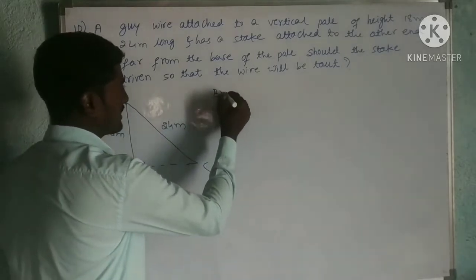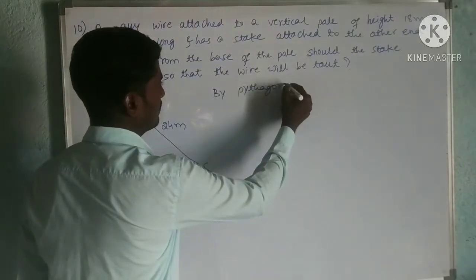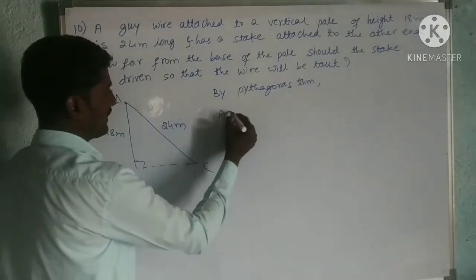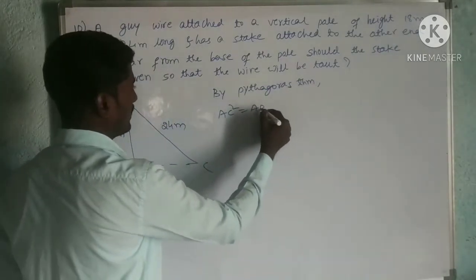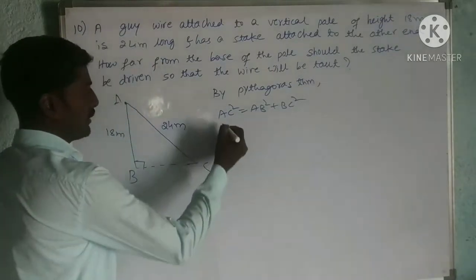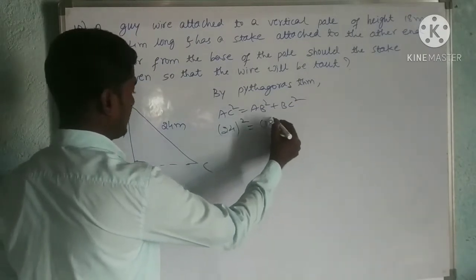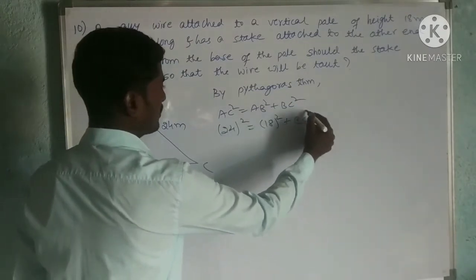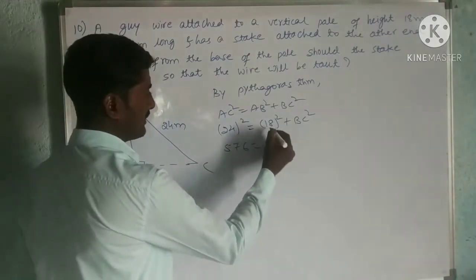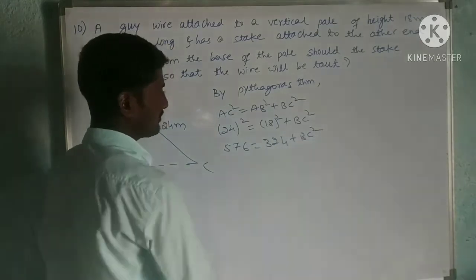Now by Pythagoras theorem, what I can write here? AC square is equal to AB square plus BC square. Now AC square, that is 24 square, AB square, that is 18 square. 24 square is 576, 18 square is 324, plus BC square.